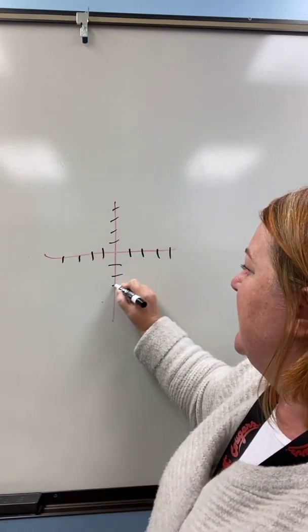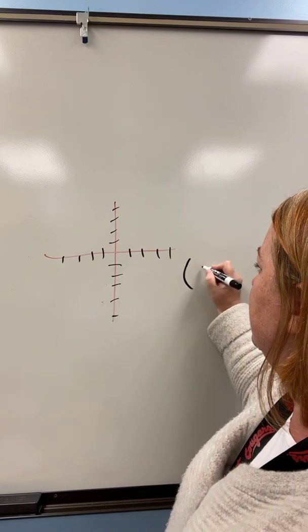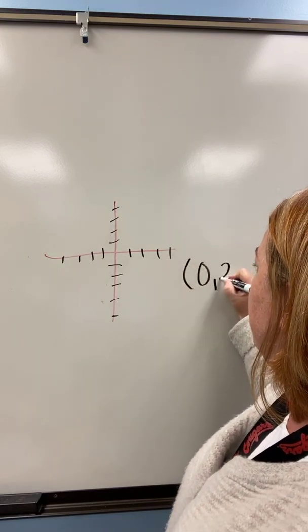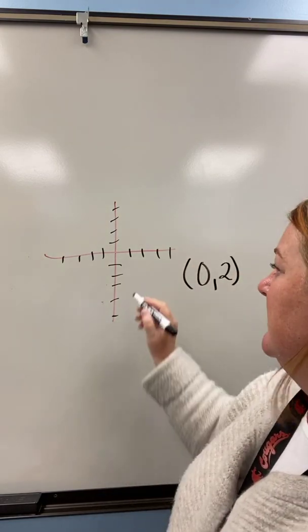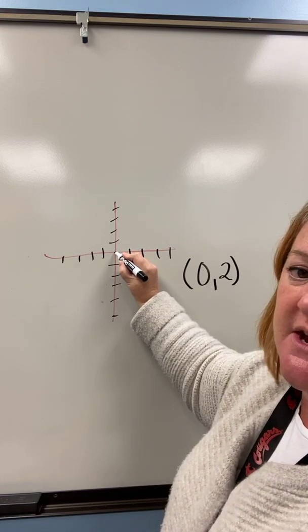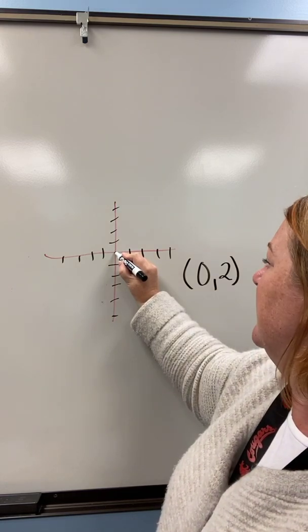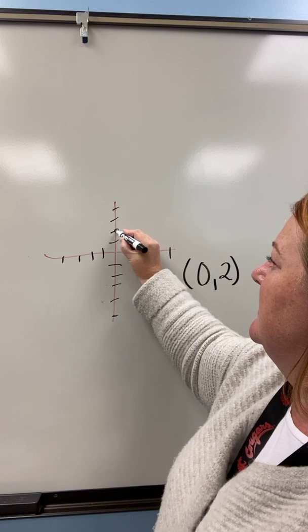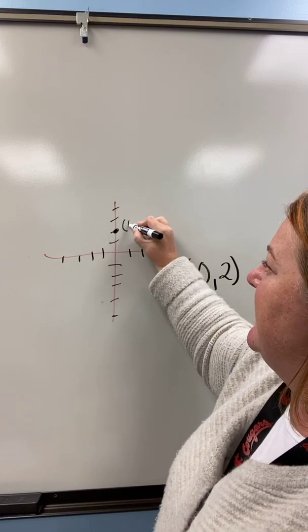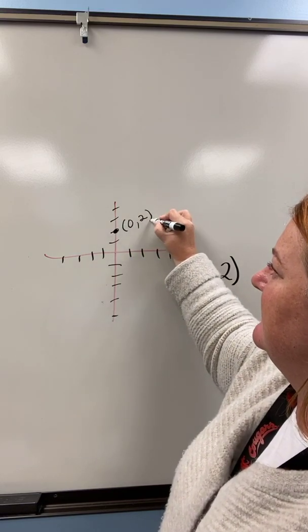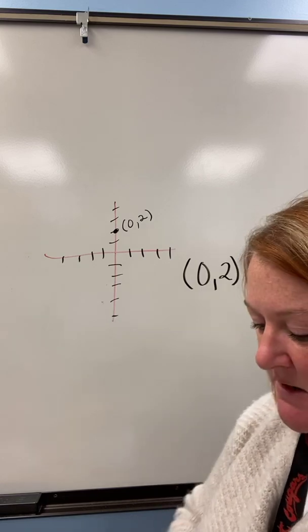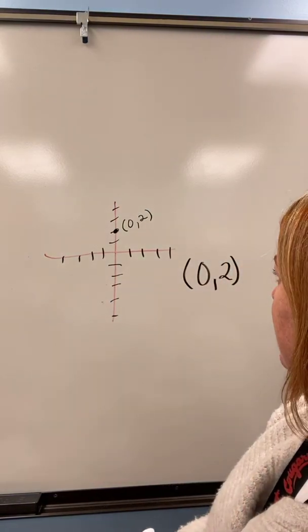We can have our hashtags. So let's say we're going to do 0, positive 2. We're going to stay here for the x-axis, and we're going to go up 1, 2. And for now, if you want, you can do this so that we can kind of check our work. Let's do another one.